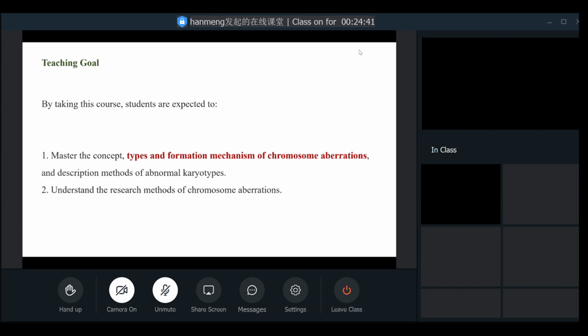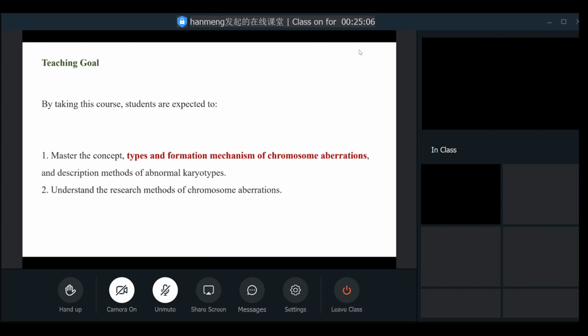Today, by taking this class, I hope you master the concept, the types and formation mechanism of chromosome aberrations, and learn how to describe abnormal karyotypes.